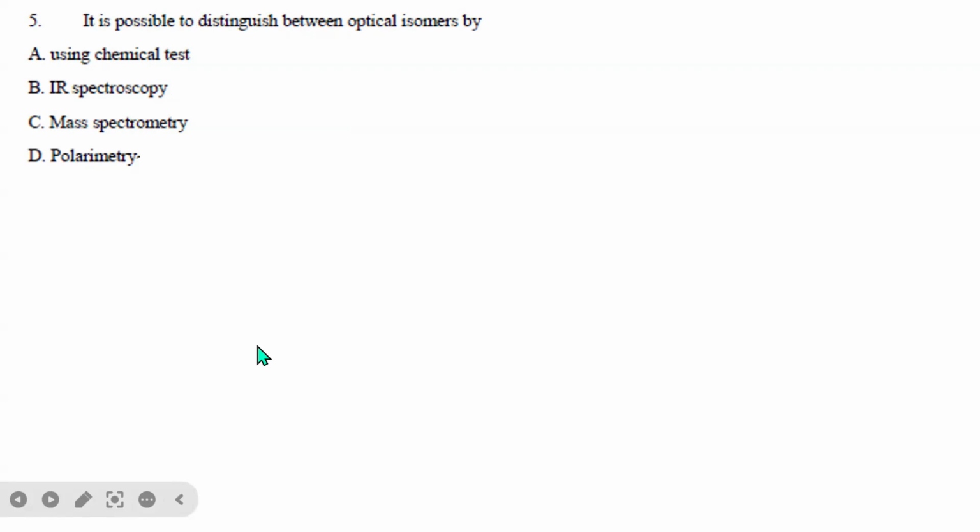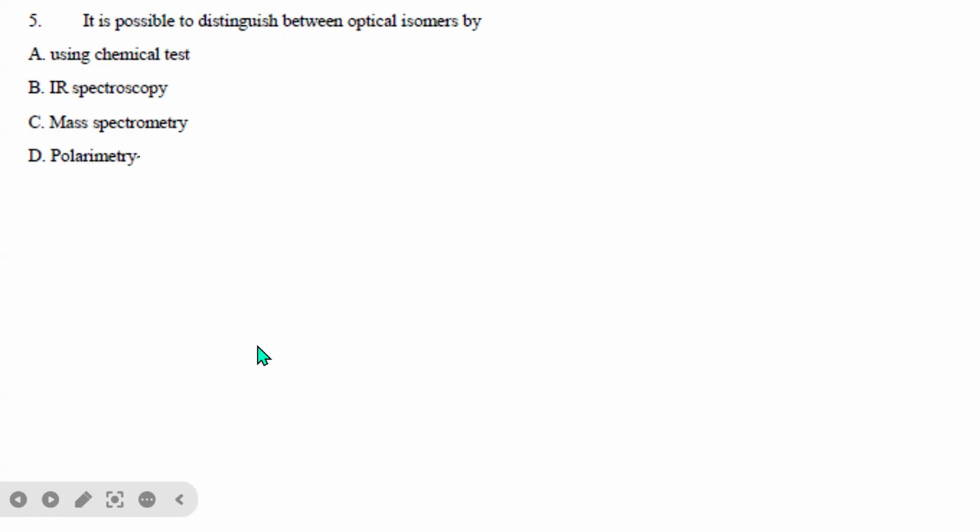But interestingly, we know that optical isomers have a different effect on plane polarized light, because you know that light travels in a single plane. So as a result of that, for optical isomerism, you can use polarimetry, that is a polarimeter, to distinguish whether the compound is an L isomer or a D isomer.